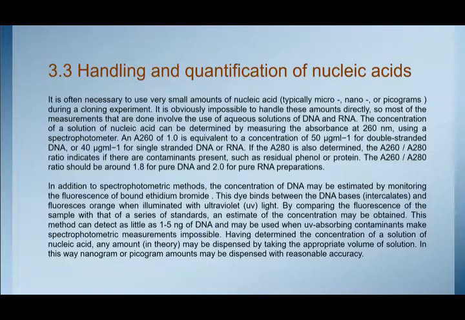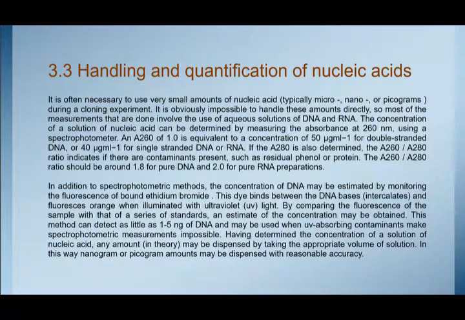In addition to spectrophotometric methods, the concentration of DNA may be estimated by monitoring the fluorescence of bound ethidium bromide. This dye binds between the DNA bases and fluoresces orange when illuminated with ultraviolet or UV light. By comparing the fluorescence of the sample with that of a series of standards, an estimate of the concentration may be obtained.